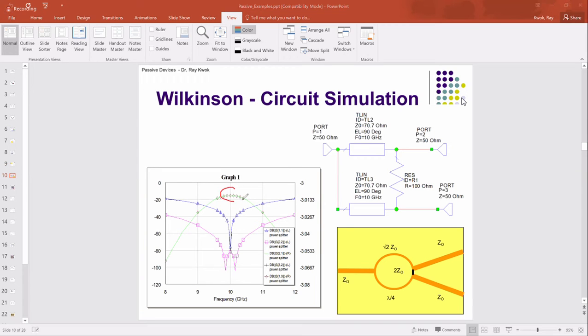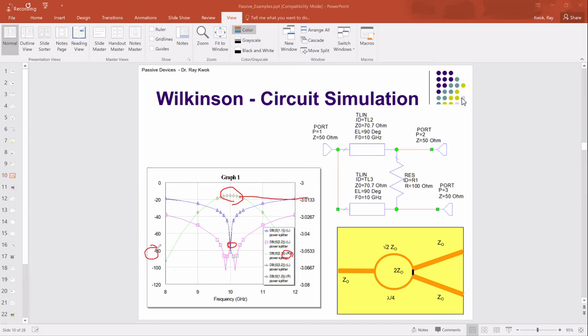So here, we're looking at the green, which is the right scale. It's about 3 dB, right? Between 3 and 3.0133 dB. That's the power split between the input and the output. And the match, the blue, is still very good.